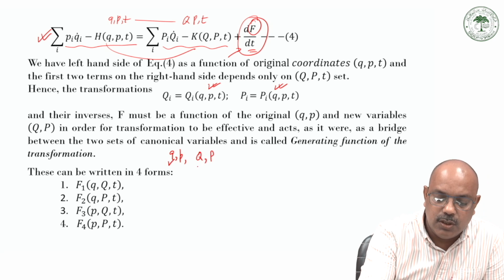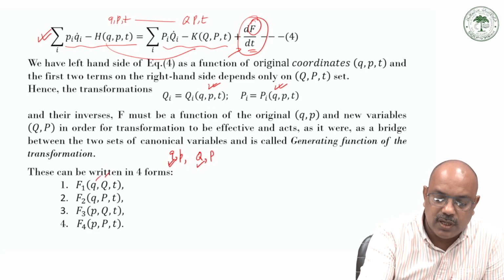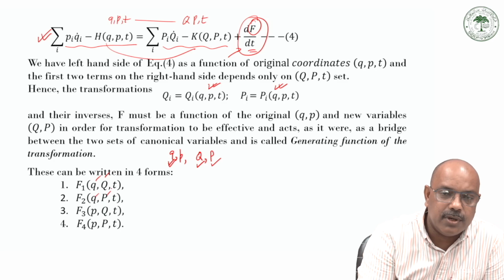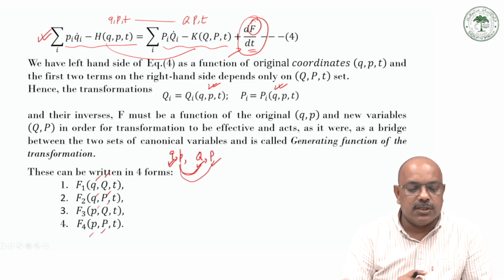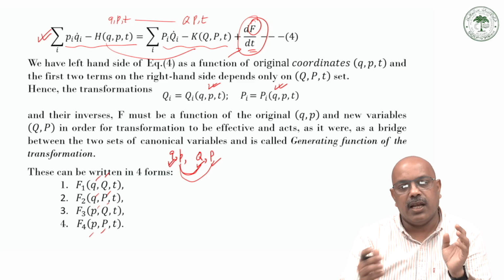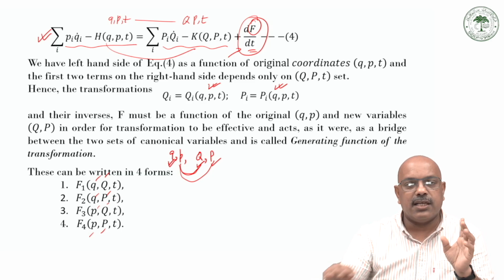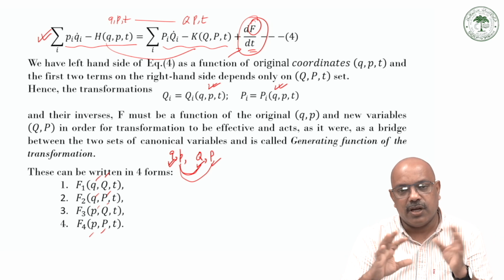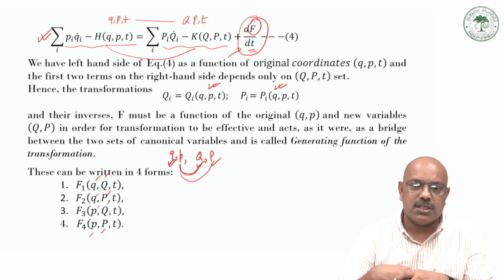It can depend upon small q and capital Q, then small q and capital P, then small p and capital Q, and small p and capital P. There is no other combination. The four combinations are there through which we can have such a transformation. So that's why this is acting as a bridge between the transformation from old coordinate to new coordinate and new coordinate to old coordinate. This is known as the generating function of the transformation.